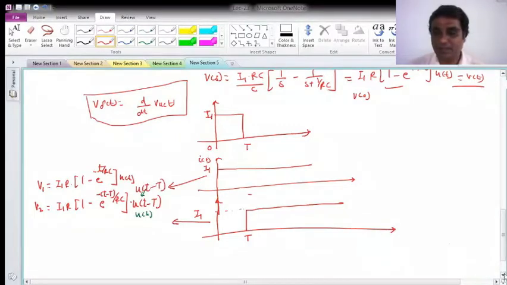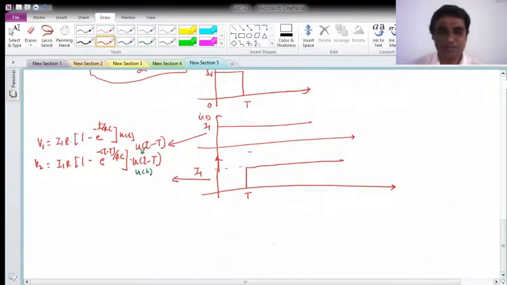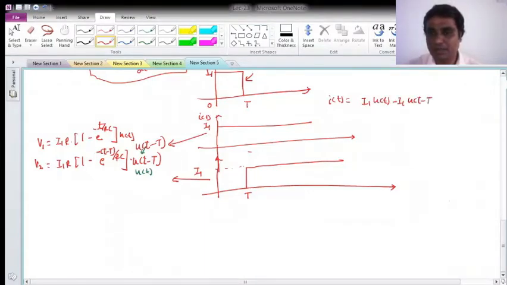Now I will write the total excitation, which is I1 u of t minus I1 u of t minus capital T. I can use the linearity property and write the same for the responses also.